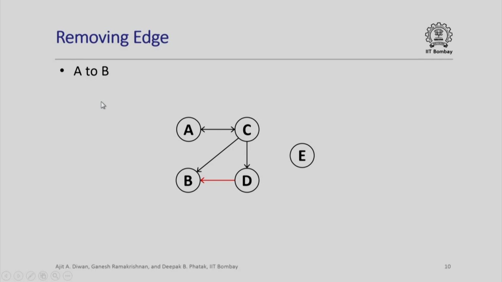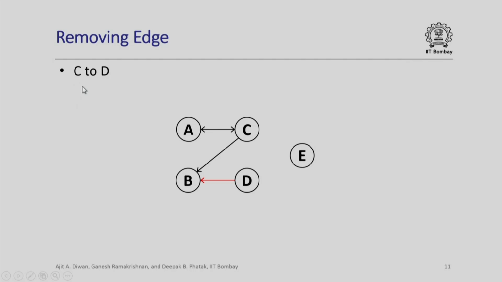There might be a requirement of an algorithm to remove an edge or a node, or we might have made a mistake in giving the input description of the graph, in which case we might have to remove an edge or a node. So, there could be an operation required which will say remove the edge from A to B. When you remove the edge, this will be the representation of that graph.